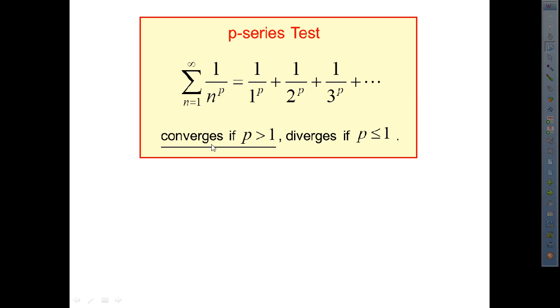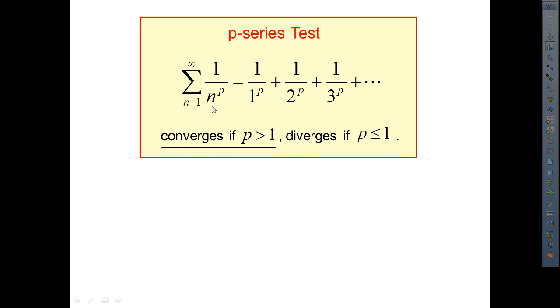Now, it converges if p is greater than 1, and it diverges if p is less than or equal to 1. So if we had 1 over n, this series would diverge. If we have 1 over n to the 1.00001 power, this series will converge.